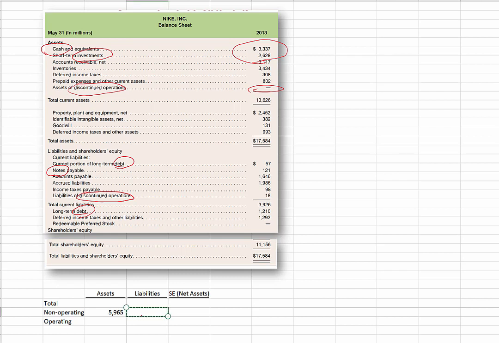Those are 57, and I want my liabilities to be negative. 121, 18, and 1210. So there are my total non-operating liabilities. Let me get rid of all of this scratching here.